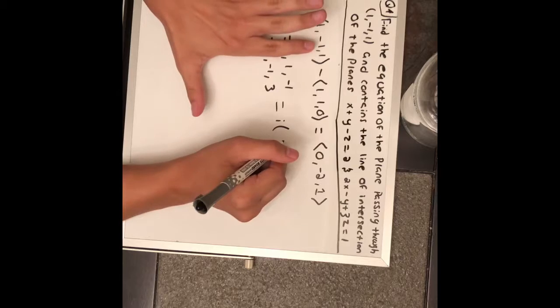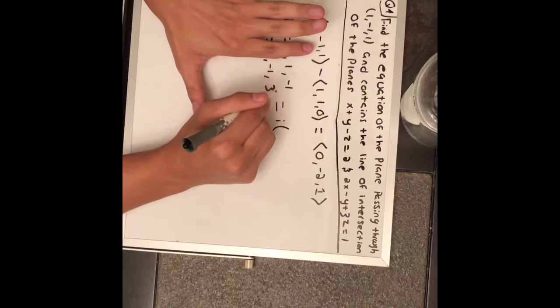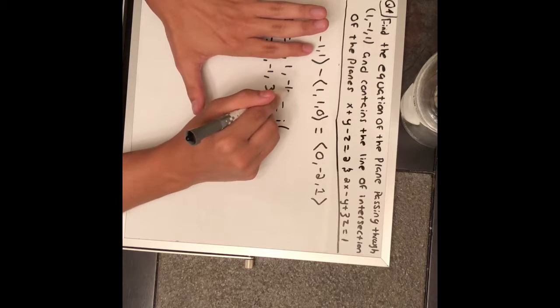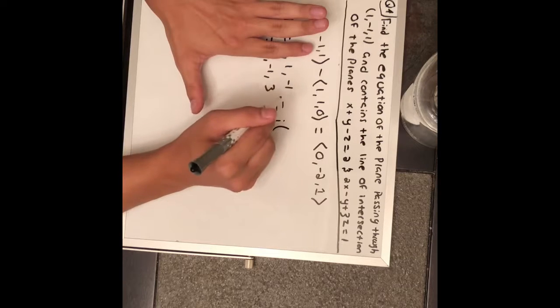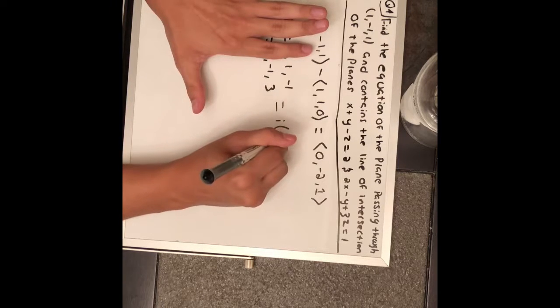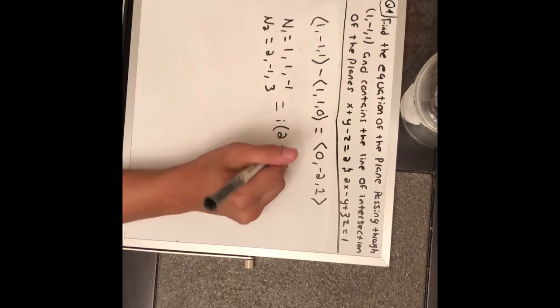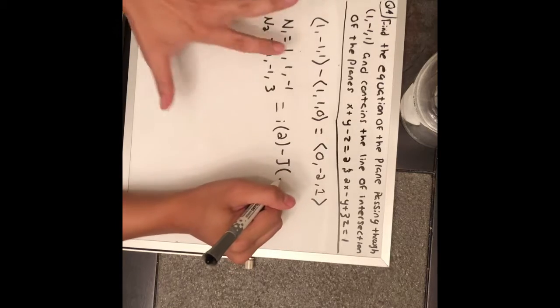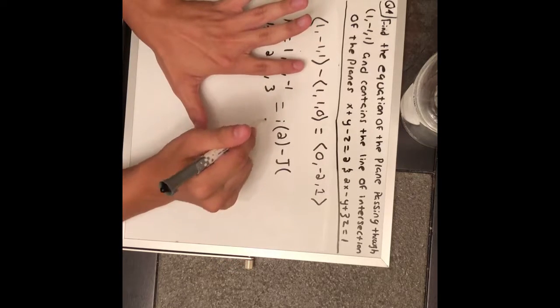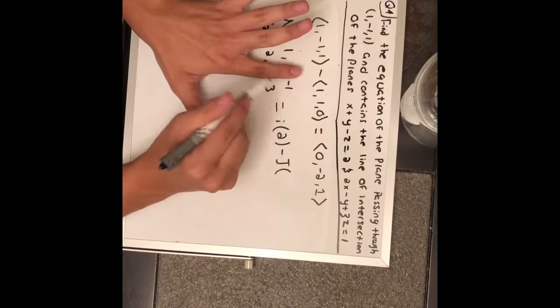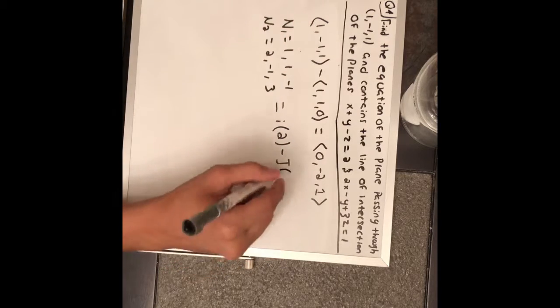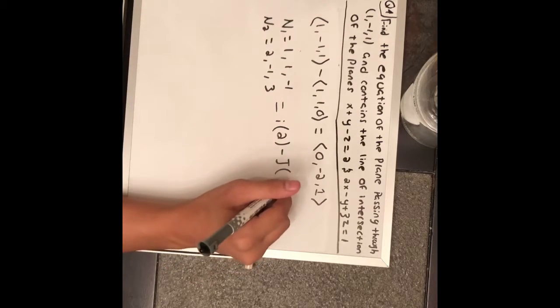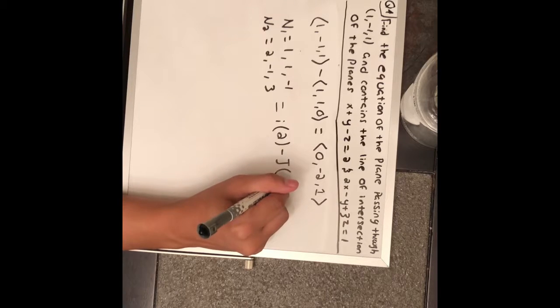We cover up the i: 1 times 3, 3, minus -1 times -1, positive 1, so that's 3 - 1, which is 2. Minus j: we cover up j, we get 1 times 3, 3, minus -1 times 2, -2, so 3 minus a negative 2, that's a positive 5.